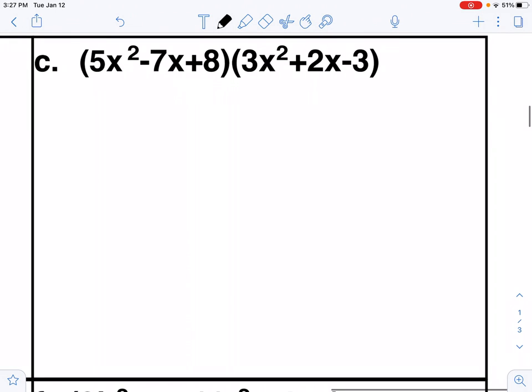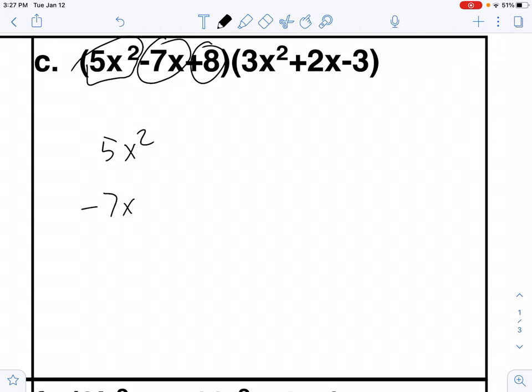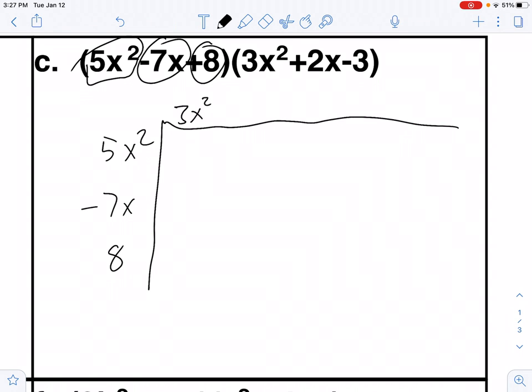So C is if we have 3 terms times 3 terms. So I'm going to take 5x to the second. We have a negative 7x, and we have a positive 8. And then across the top, I have 3x to the second.